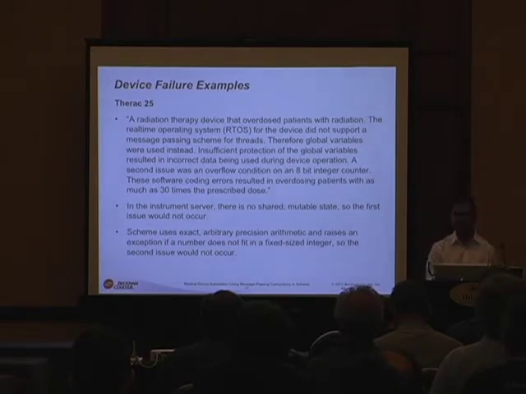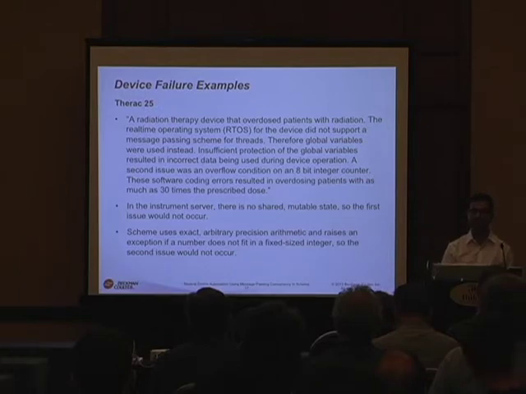So why we focus on error handling and fault tolerance so much. And this is an example from an article called Sound Verification Techniques. And this is about a radiation therapy device where they had a couple of issues which basically had the patients receive radiation up to 30 times higher than recommended amount.